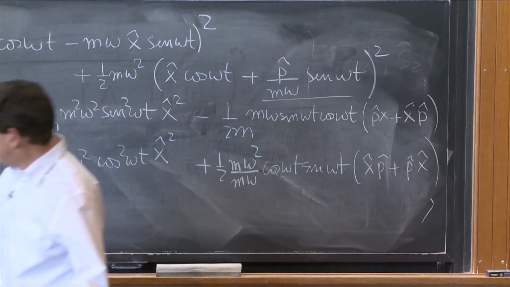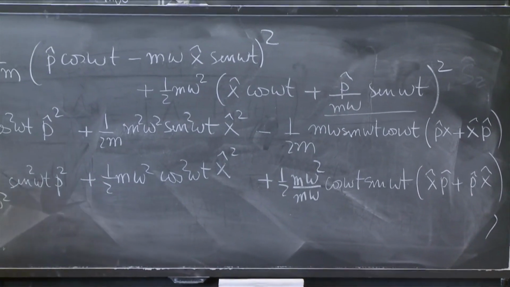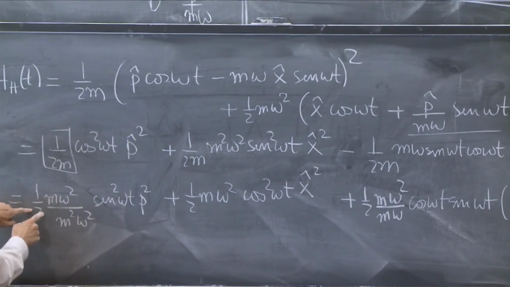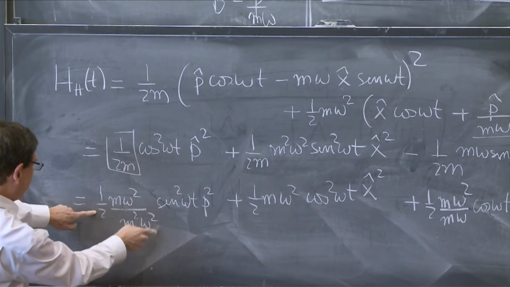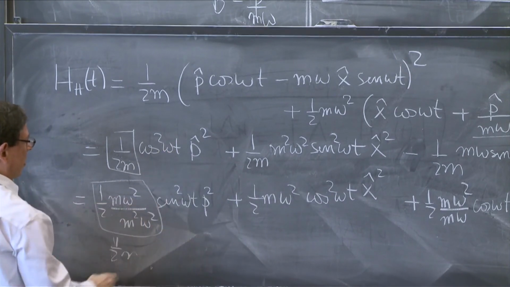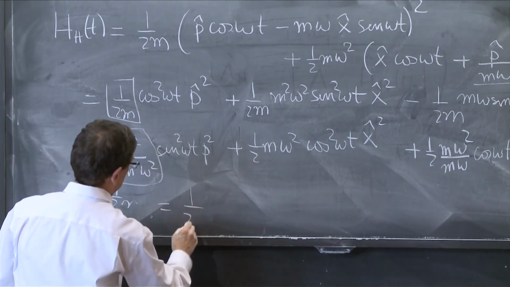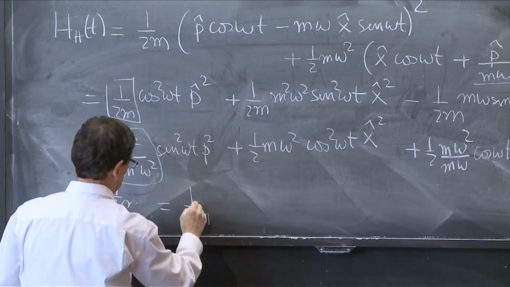Whew, a little bit of work, but what do we get? 1 over 2m cosine squared omega t p squared plus 1 over 2m sine squared omega t p squared, so this is equal to 1 over 2m p squared.